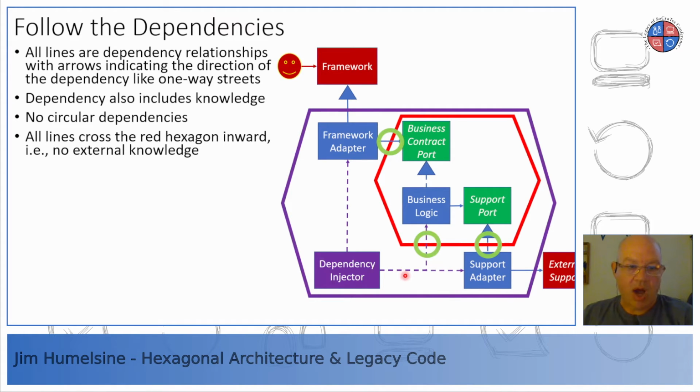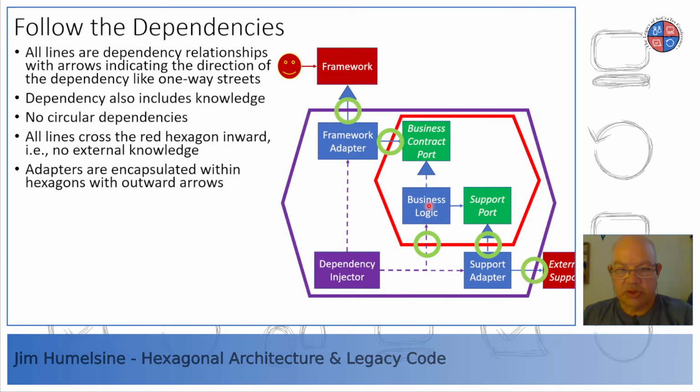All lines cross the red hexagon inward, which means there is no external knowledge. So our business logic is in this pure little cocoon of only knowing about interfaces that have connections to the outside world, but it doesn't know about anything beyond the red boundary. So that gives us a lot of freedom in portability, adaptability, and so forth.